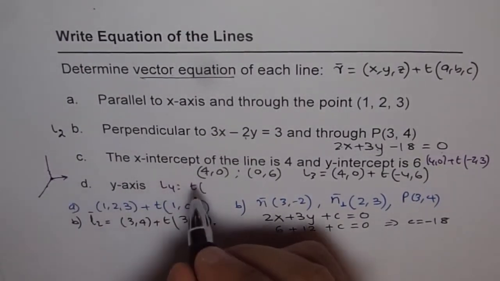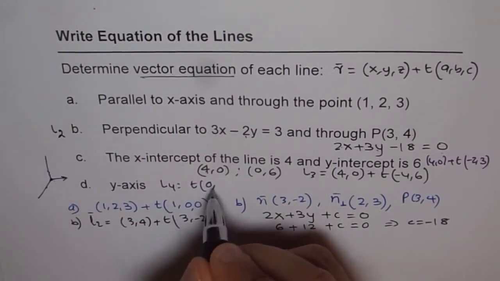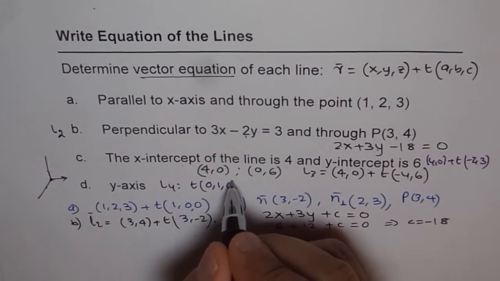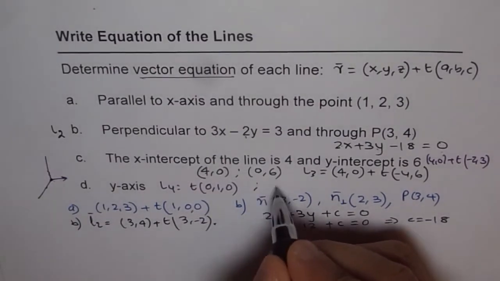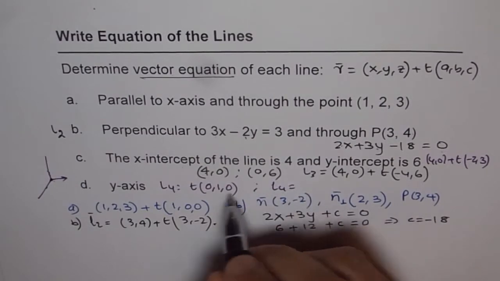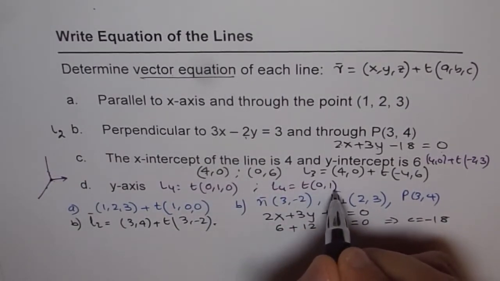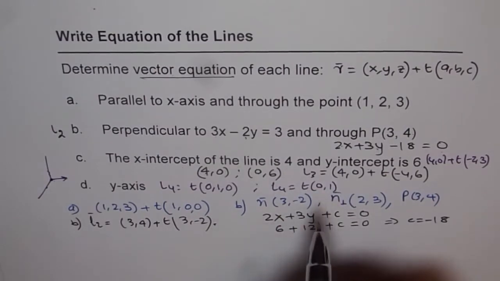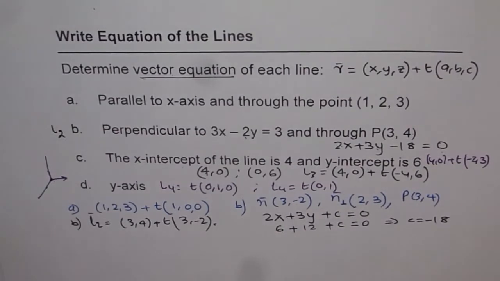The y-axis is this direction where you're not moving along x and z, so it is (0, 1, 0). So that becomes the equation of the line which represents the y-axis in R3, and if I write L4 as just 2 of them, t times (0, 1), then it becomes the vector equation in R2, right? So that is how we can represent these lines.